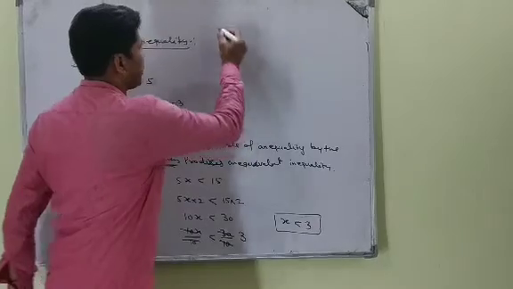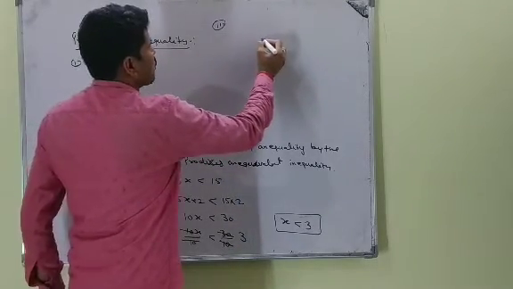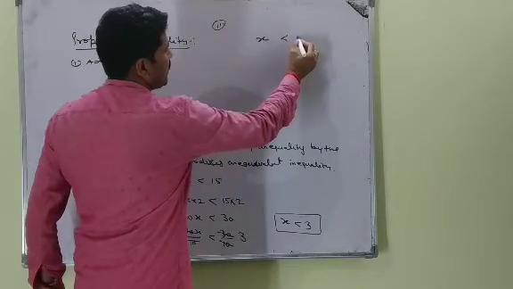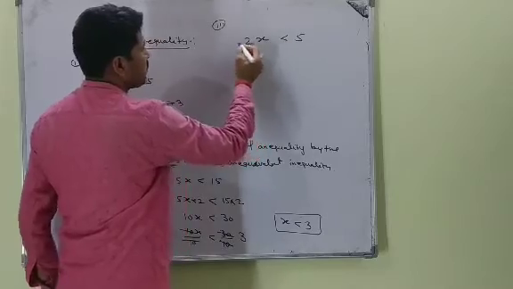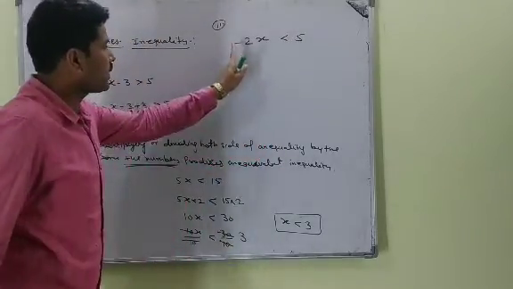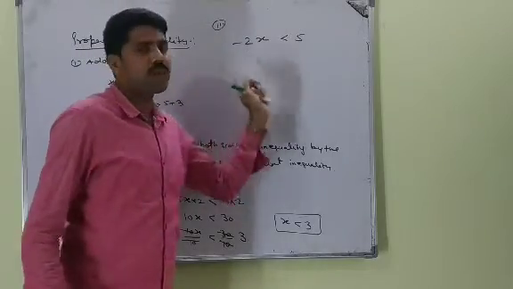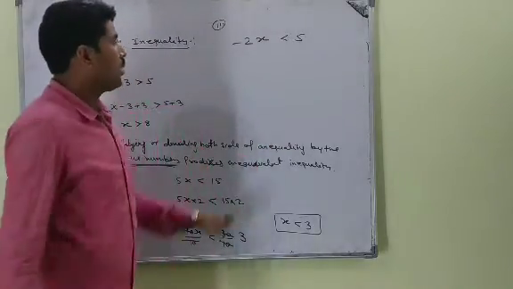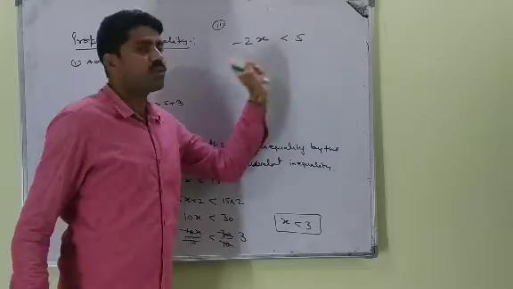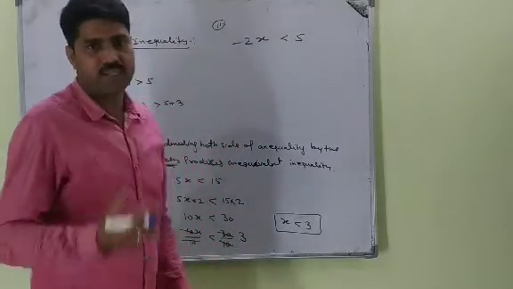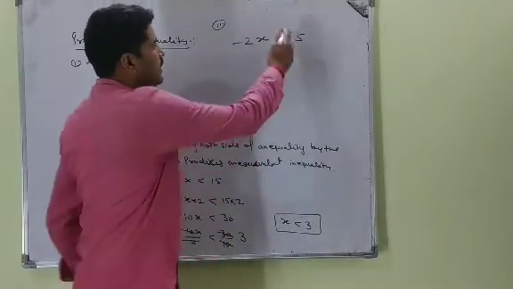Now the third property. Suppose x less than 5. Make sure that when you multiply both sides by a negative number, or divide both sides of the given inequality by a negative number, then the inequality sign will reverse.